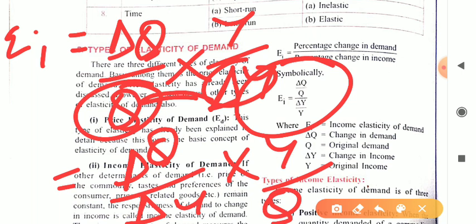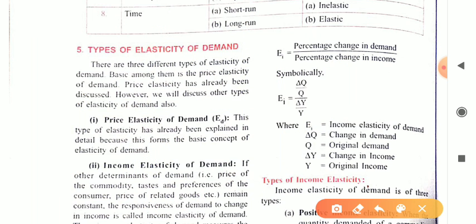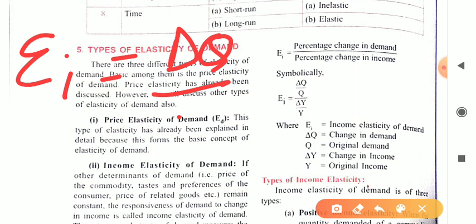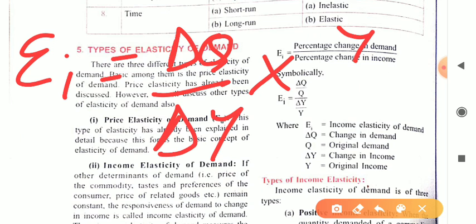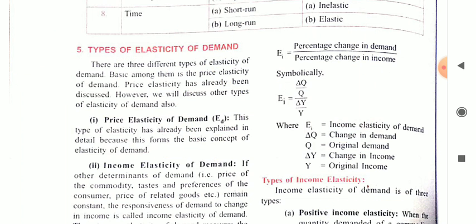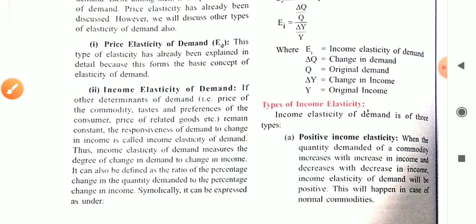So our formula of income elasticity of demand is EI equals delta Q upon delta Y into Y upon Q. This represents the percentage change in quantity demanded divided by the percentage change in income.